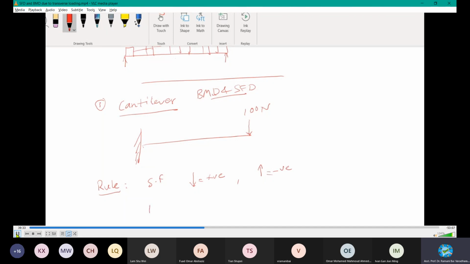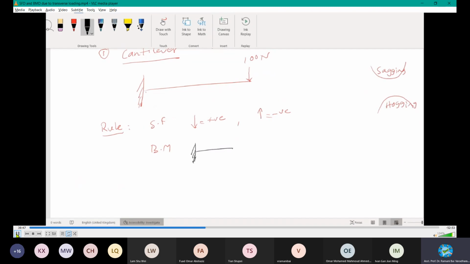In the bending moment case, you already know hogging and sagging. Sagging is like this, a cup shape, and hogging is the opposite. When your beam is loaded and you leave it like this, it is stable.